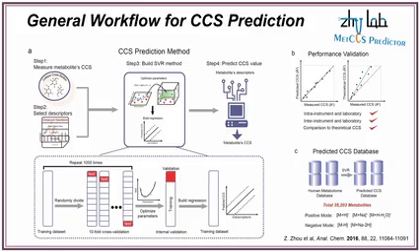And so the Zhu lab really was the first to do this, as far as I can remember, with this MetCCS program. So they went through a very exhaustive process of collecting drift tube ion mobility data, training the algorithm, testing the algorithm, and showing that it works really quite nicely. So that in the end, what you are now able to do is put in some information about a molecule you're interested in, and it will predict a CCS value.